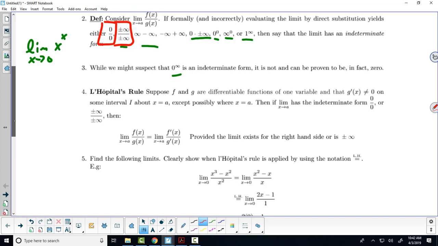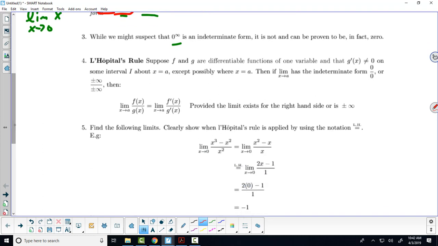Okay, so here it is, L'Hospital's Rule. It is a huge time saver, and in some cases the only way we can do some of these problems. So suppose f and g are differentiable with the derivative of the denominator not equal to 0. Then if the limit as x approaches a has the indeterminate form of one of the two types I just mentioned, 0 over 0 or plus or minus infinity over plus or minus infinity.